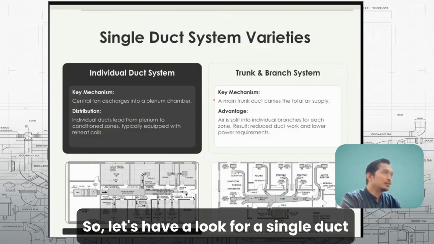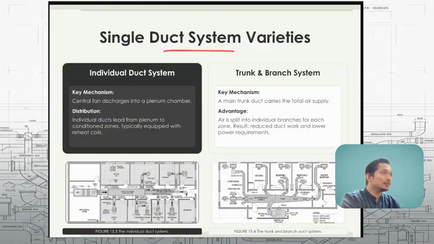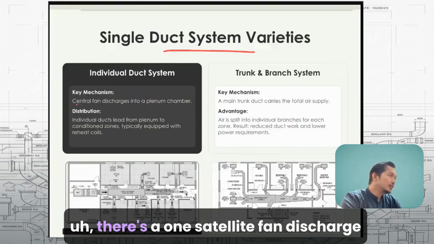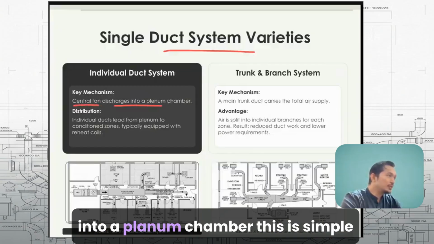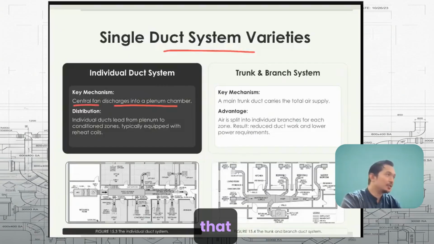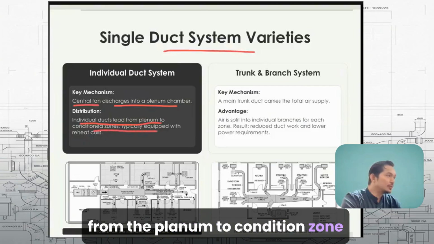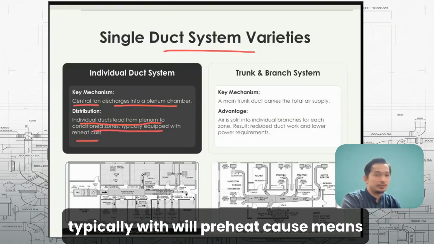So let's have a look at the single duct system varieties. For an individual duct system, there's one central fan discharging into a plenum chamber. It's as simple as that. Individual ducts lead from the plenum to the conditioned zones, typically with reheat coils.